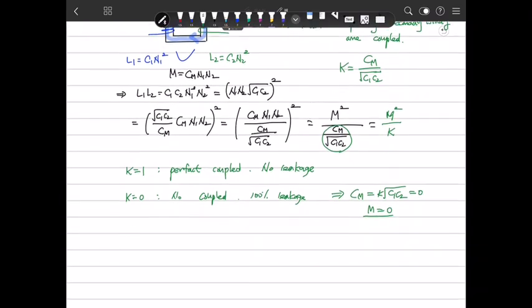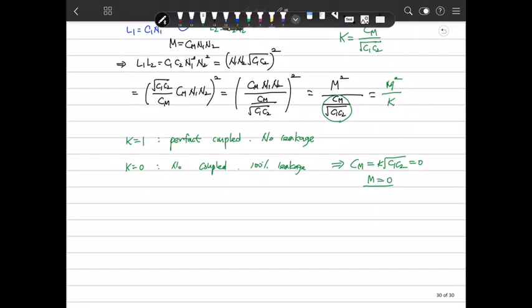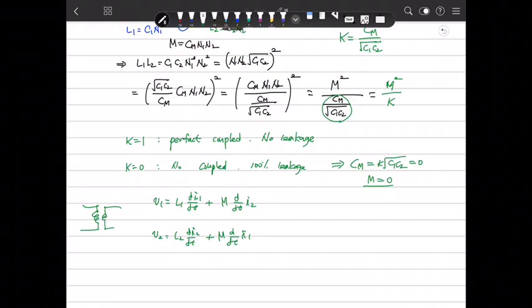M is 0 means V1 is L1 di1/dt plus M di2/dt, and V2 is L2 di2/dt plus M di1/dt. For example, this is a coupled inductor with V1, V2, I1, I2.